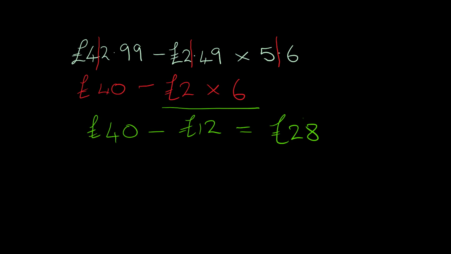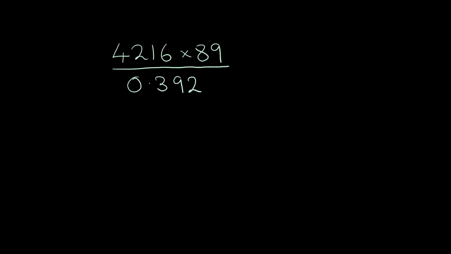Let's do one more example. So slightly more complex example here, but we're going to start in the same way again by just rounding these numbers to one significant figure or to what seems a sensible level so that you could do it easily in your head.